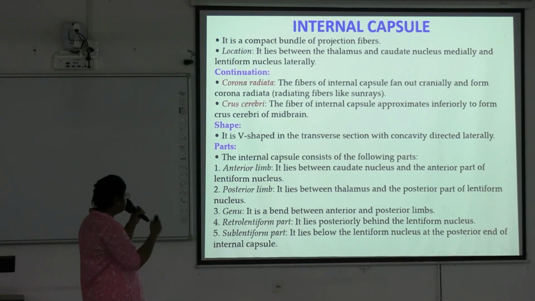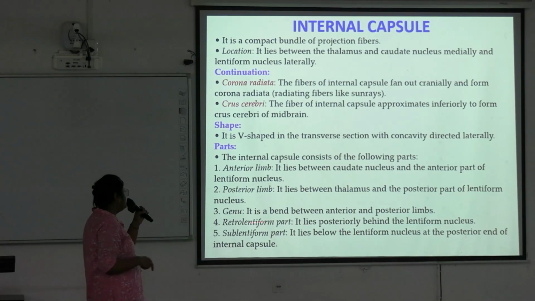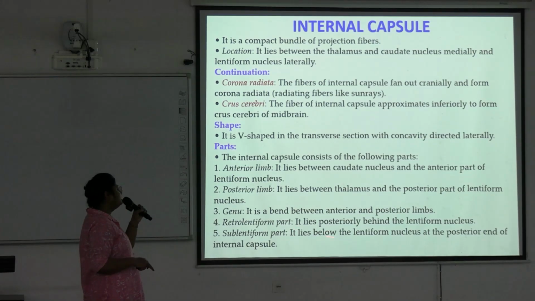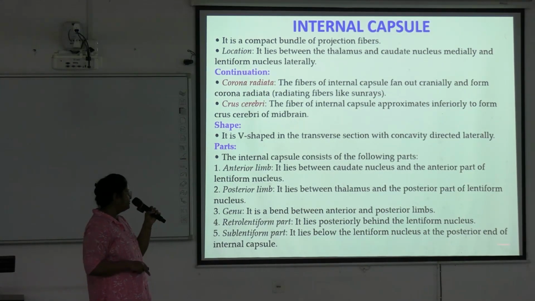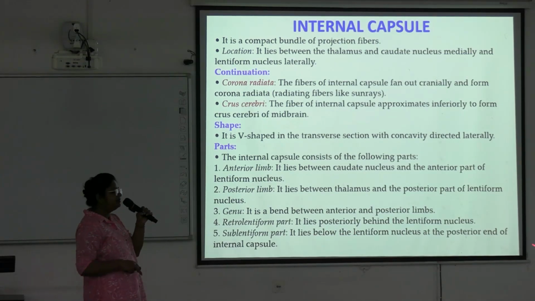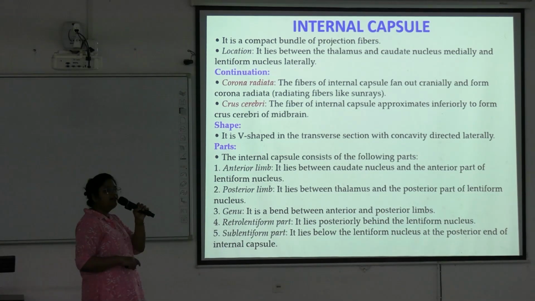The genu is the bend between the anterior and posterior limbs. The retrolentiform part lies posteriorly, behind the lentiform nucleus, and the sublentiform part lies below the lentiform nucleus at the posterior end of the internal capsule.